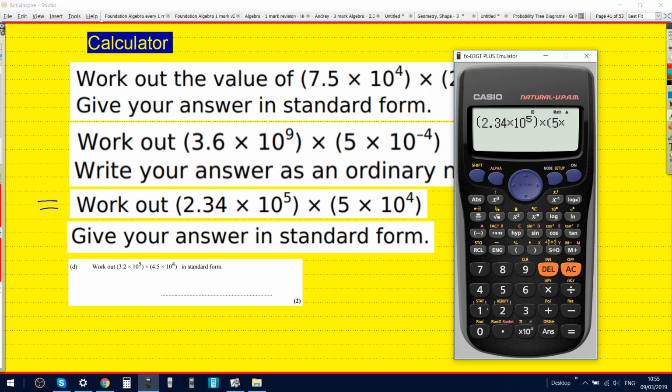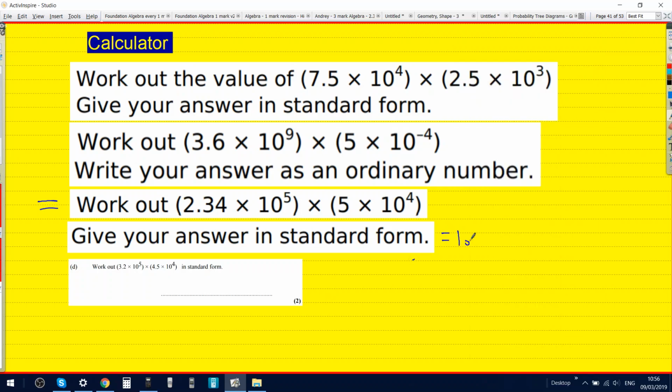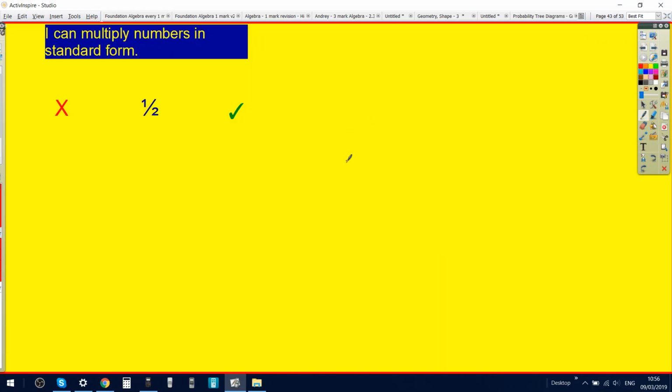Oh, 1.17 times 10 to the power 10. Yep, there you go. So hopefully that gave us that. Multiply. I say a tick. All right.